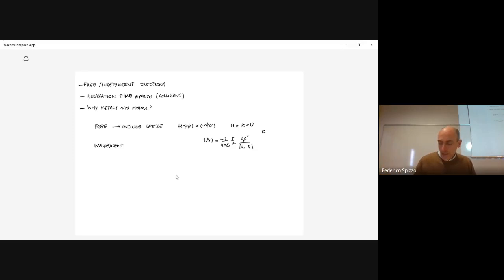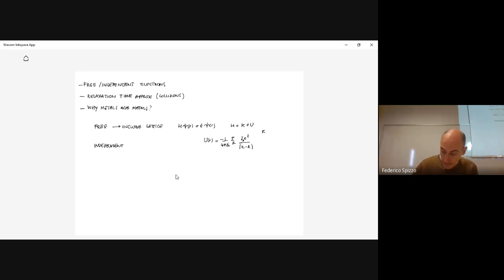In general, the only thing we need to know concerning U is the fact that it depends only on the coordinate of the electron. So the position of the ions is fixed. Once you know the position of those, U depends only on where the electron is with respect to the lattice.